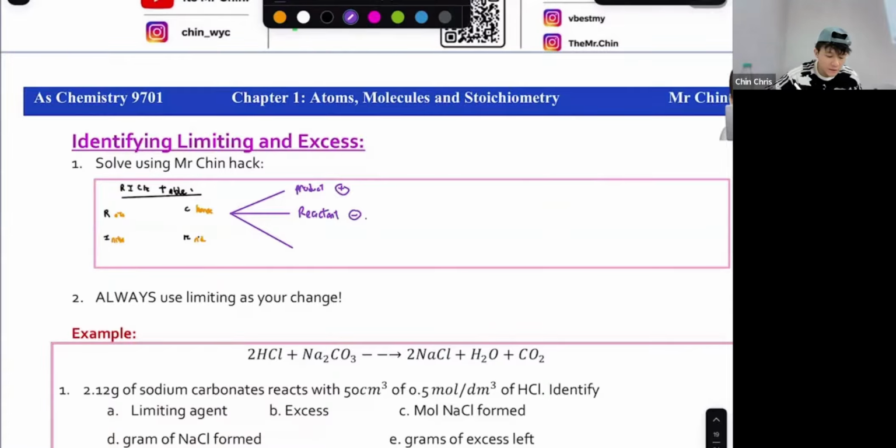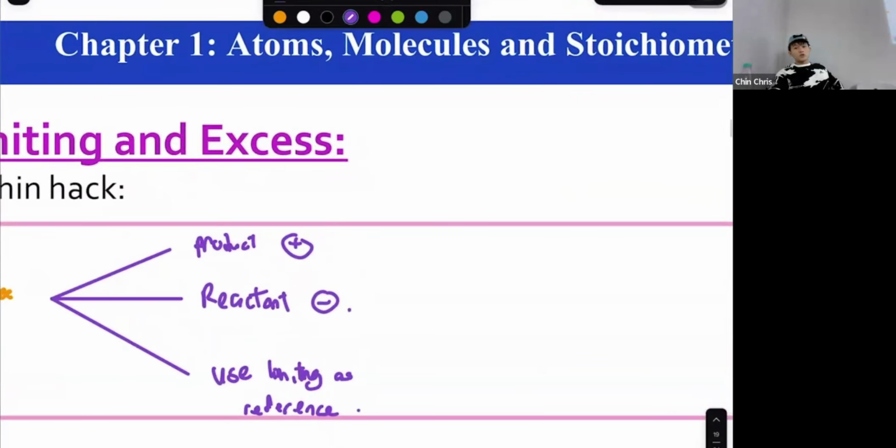For your change, remember to use your limiting as a reference.